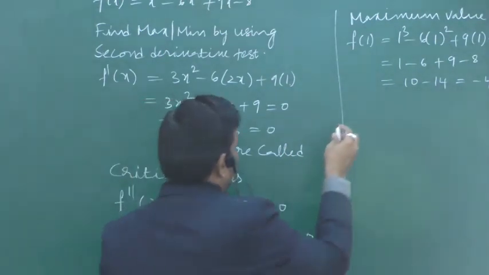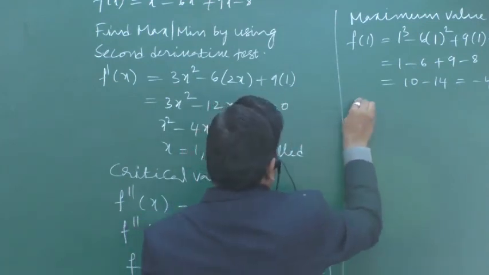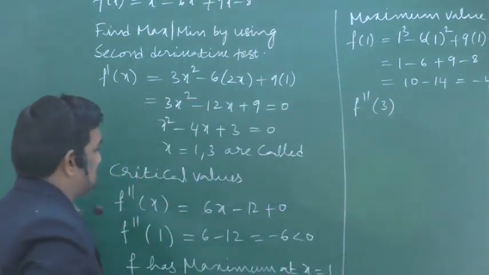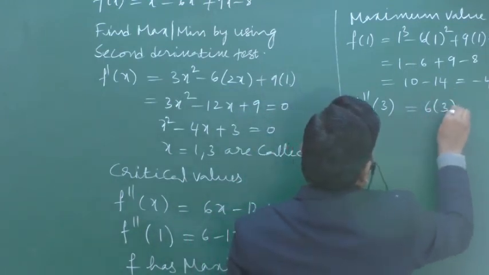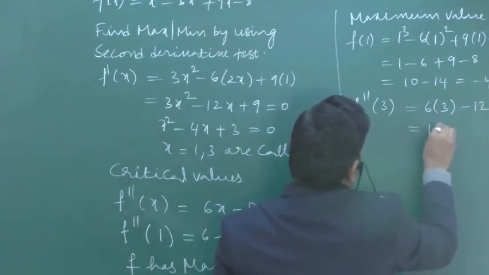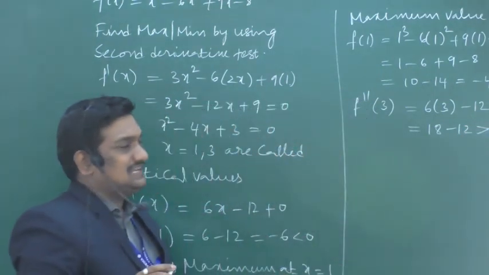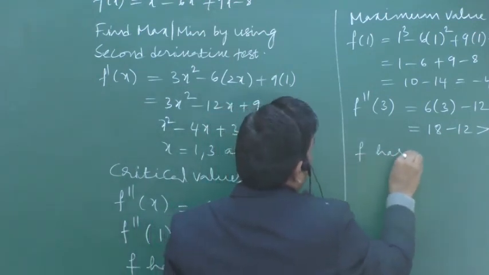Now evaluate f double dash of x at x equals 3. f double dash of 3 equals 6 into 3 minus 12, and this is 18 minus 12, positive. Since the second derivative value is positive, you can say that f has a minimum at x equals 3.